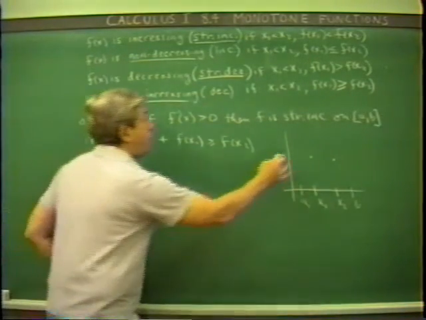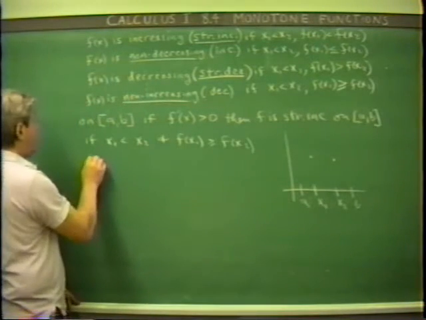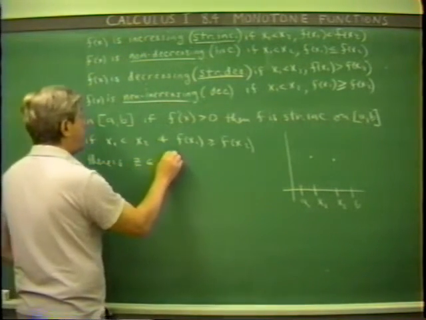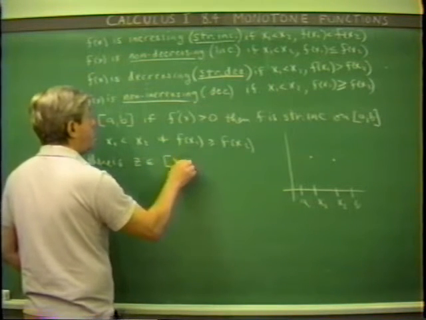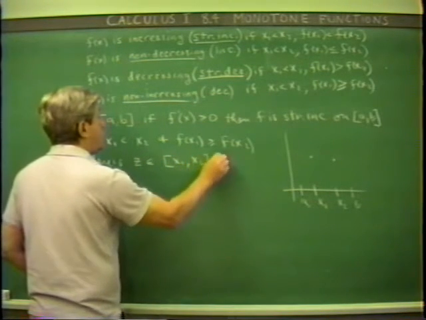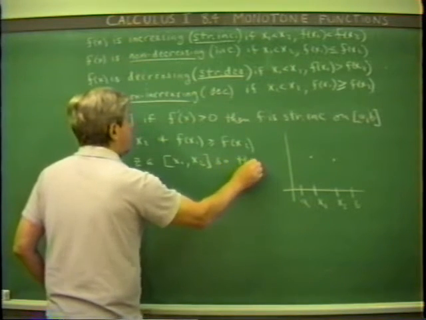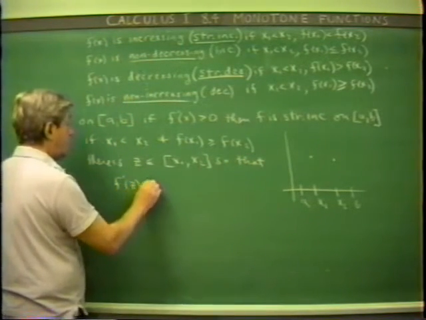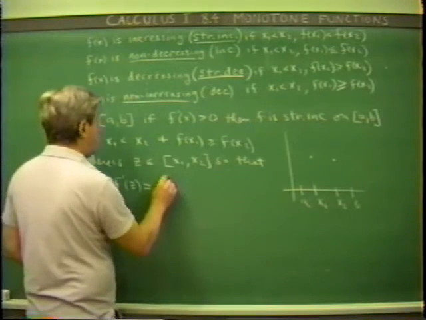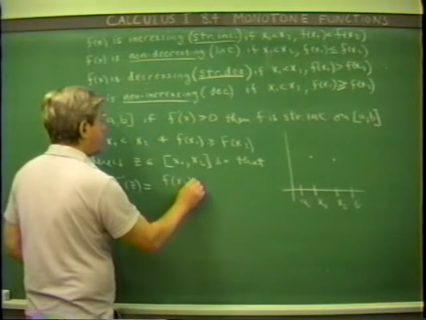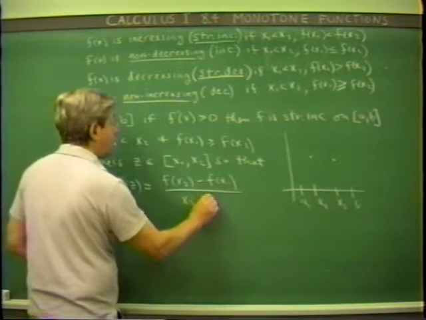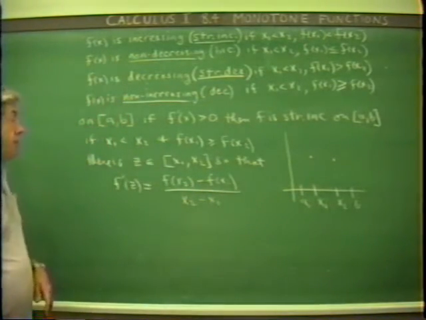Since x1 is less than x2, we're going to apply the mean value theorem here. There is a z between x1 and x2, that's to say in the interval (x1, x2), so that the derivative at z is equal to f(x2) minus f(x1) divided by x2 minus x1.